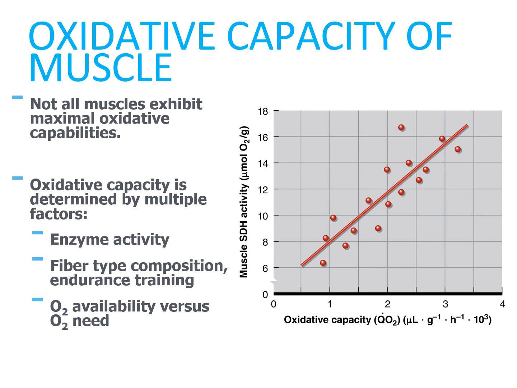Our levels will be different in endurance-trained versus untrained individuals. When we have lots of type 1 fibers, we tend to have greater oxidative capacity. There also tends to be more mitochondria and higher oxidative enzyme concentrations. Type 2 muscle fibers, on the other hand, are much better at glycolytic energy production.